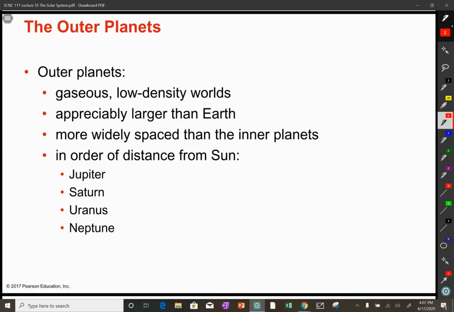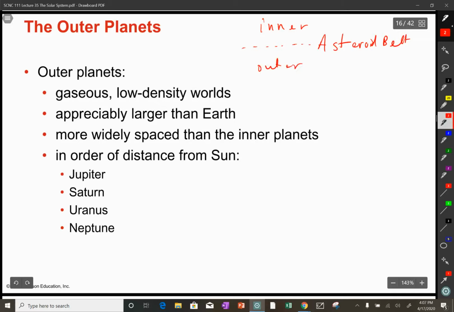Now, there's a big break between the inner planets and the outer planets. In between the inner planets and the outer planets, we have the inner, then we have the asteroid belt, and then we have the outer. And the outer are so much different than the inner. The inner planets are all rocks.